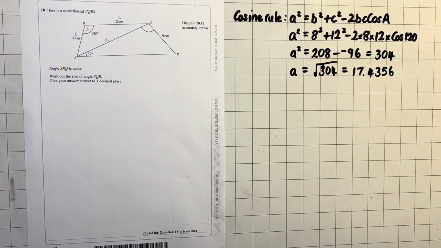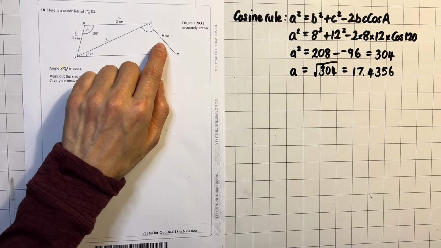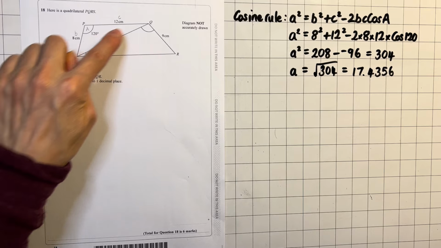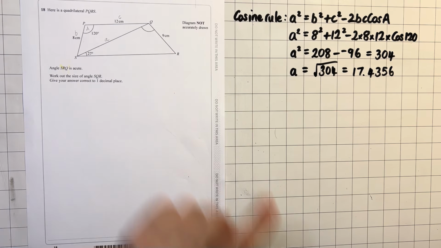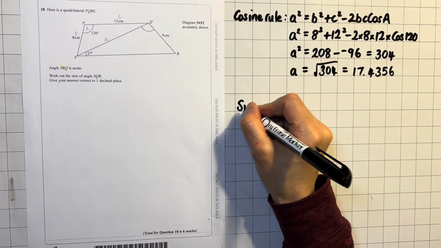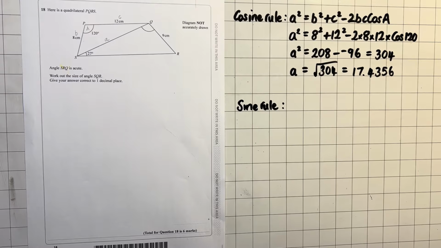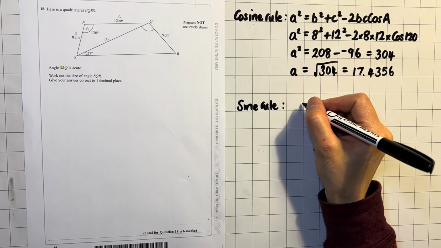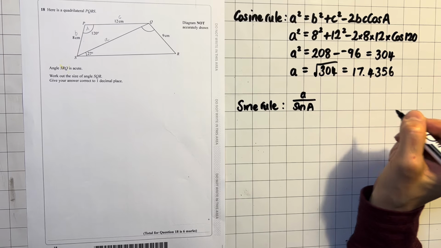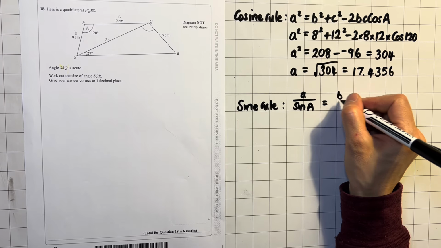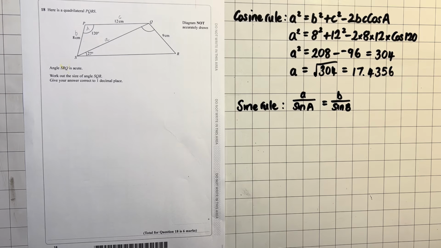17.4356. We can now see we can use the sine rule because we have the angle with its opposite side, and now we have this length here. We can use that to find the angle here. And the sine rule tells us that a length over sine of its opposite angle is equal to a different length over sine of the opposite angle to that length.